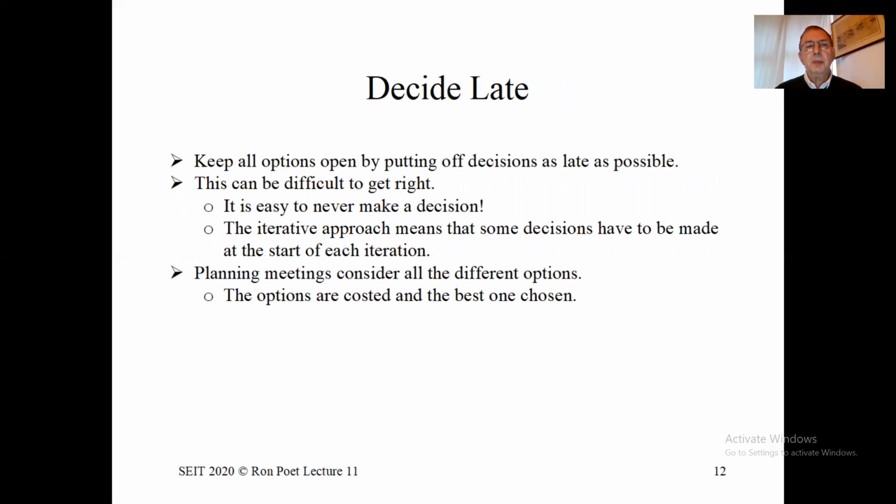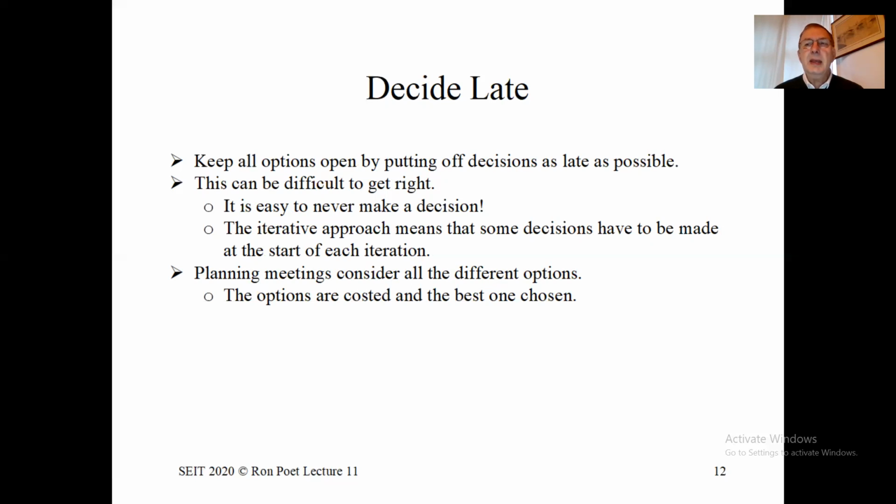Decide late. So keep all options open by putting off decisions as late as possible. Now, this is a dangerous thing to do. It's very easy to put off decisions forever, never making a decision. So deciding late has to have a process that forces you to actually make decisions.